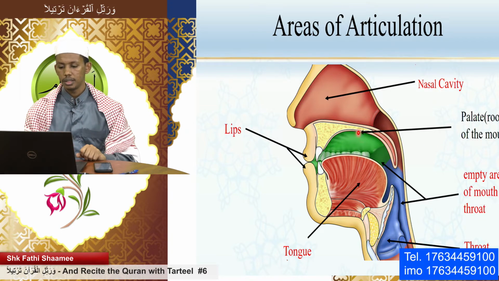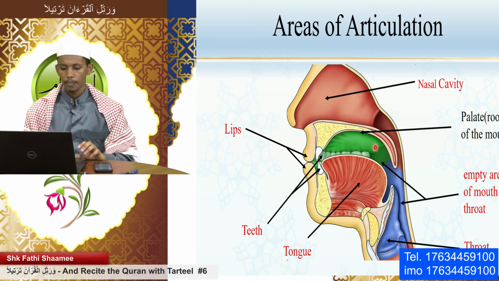The palate is just in support of the tongue. And then I mistakenly colored it red, but the teeth is also in support of the tongue as well as the lips. So these are the areas of articulation that we will be talking about as we go forward, right?